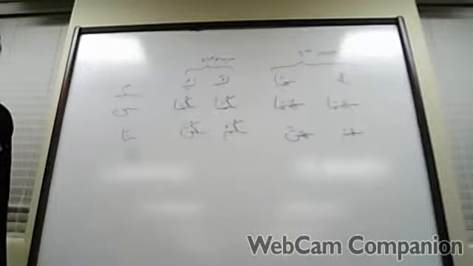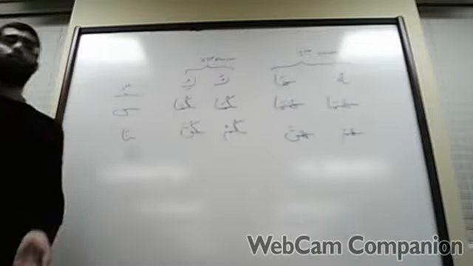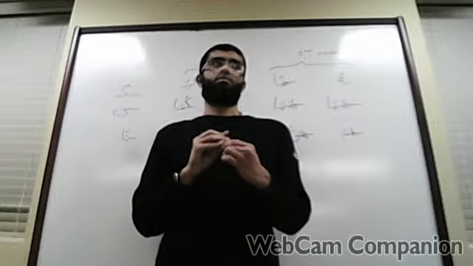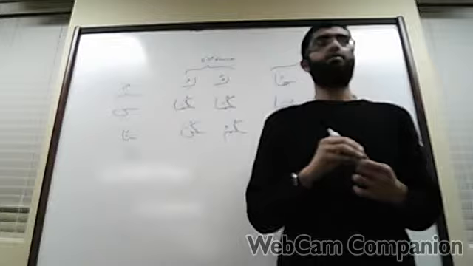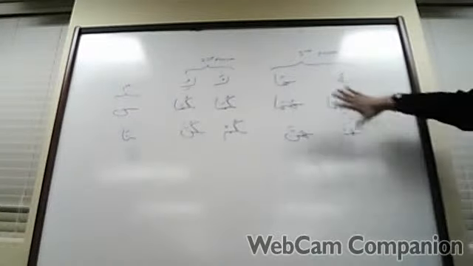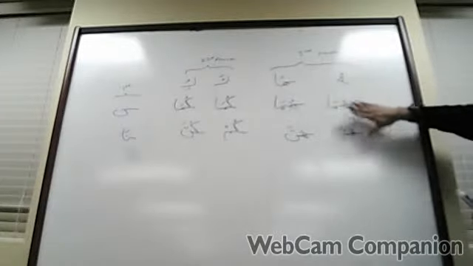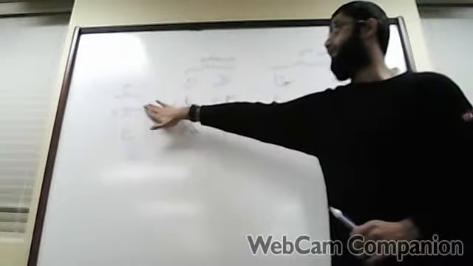So how do you say our lesson? How do you say lesson? Darsun. So how do you say our lesson? Darsuna. Our lesson is darsuna. Okay, so let's go down the whole list, and we'll say his lesson, their two lessons, their lesson, her lesson, and so on, your lesson, her lesson, my lesson, our lesson.